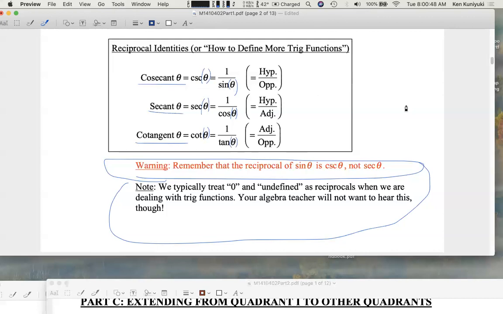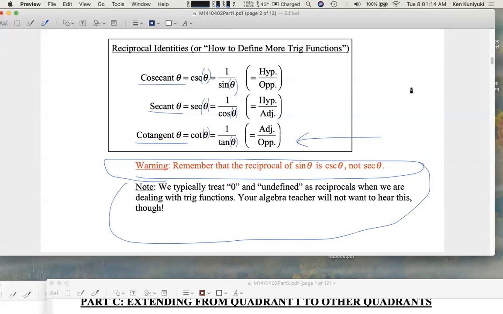There's no problem there. But here's something that might sound weird to your algebra teacher. Let's say the tangent of theta is undefined. Then for that value of theta, cotangent of theta will be 0. So when it comes to basic trig, you can informally say that in basic examples, the reciprocal of undefined is 0. Now, you can't say that formally, and your algebra teacher would freak out.